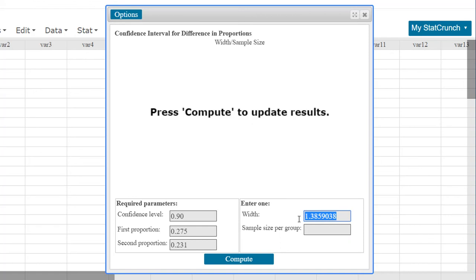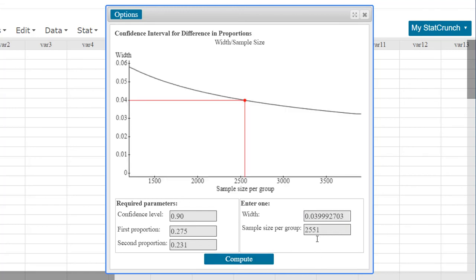So that's going to be 2 times the margin of error. Well, our margin of error is 2%, so that means the width will be 4%. And we're going to enter that in decimal form. So we're going to have a width of 0.04. When I say compute, StatCrunch will give me the sample size required, which is 2,551, and that agrees with what we calculated by hand.